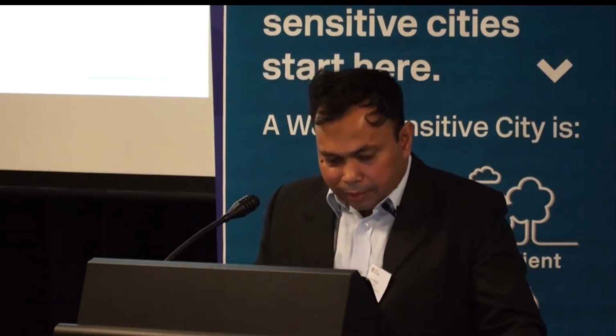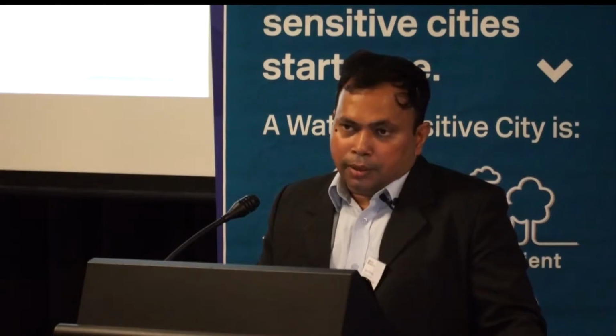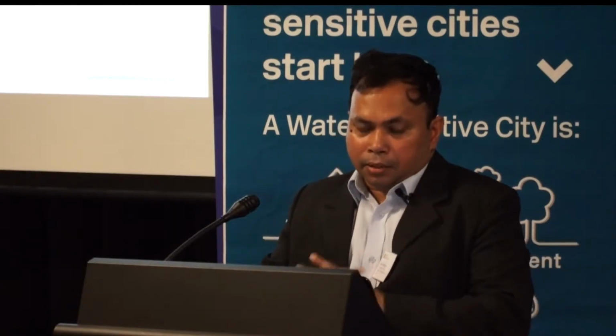So that's just one example. In the second example, we used a hedonic pricing analysis, house pricing analysis, where we looked at the value people are willing to pay for having a rainwater tank on their private property. Here we have collected lots of data on house sales price.